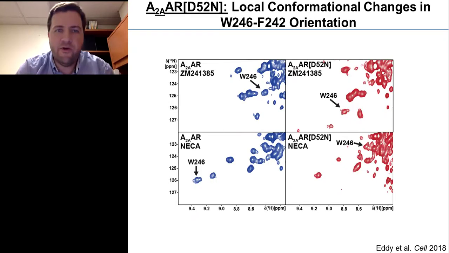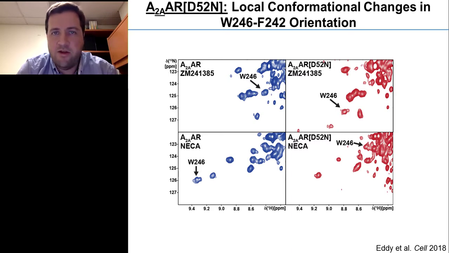Now, when we look at this toggle switch tryptophan and compare the data between the native protein and the variant D52N, we see some interesting differences. On the left, the blue spectra that you see are for the native protein, and we see the location of the toggle switch tryptophan as shown on the earlier slide.